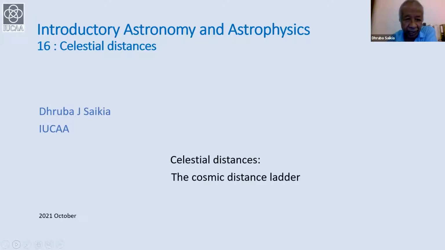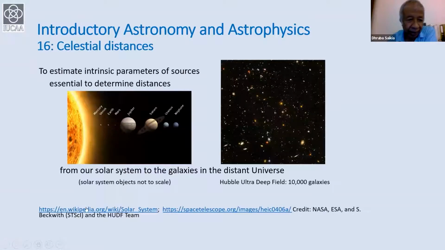So today we will have a brief overview of how we have built up our estimation of distances to celestial objects, starting from our solar system, and this particular picture is not to scale as you'll usually make out, to the most distant objects in the universe. Today, the most distant objects have a redshift of about 10 or so, and are almost at the edge of the visible universe.